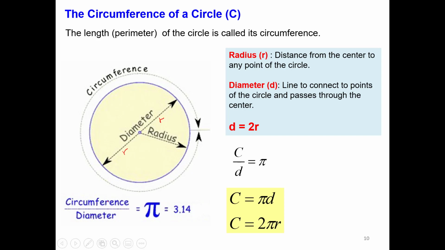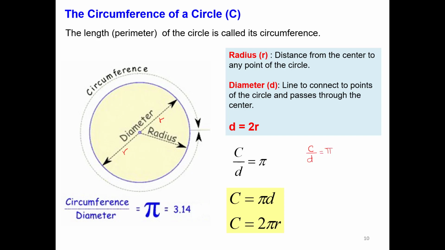Then we can write this. If we write circumference as C and diameter as D, then we can say the ratio of C to D equals pi. Then I want to do some math here. We want to solve for C in this case. We have C over the diameter equals pi.